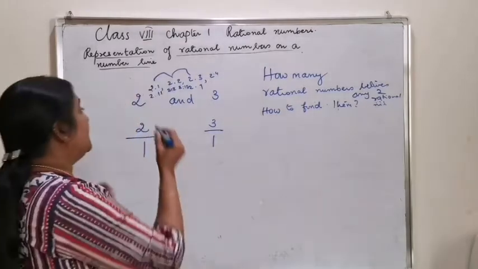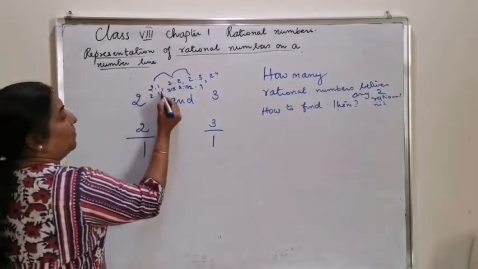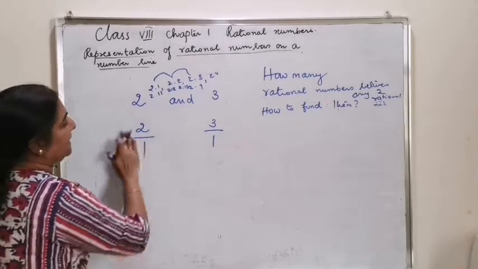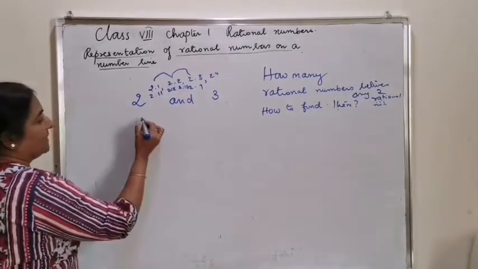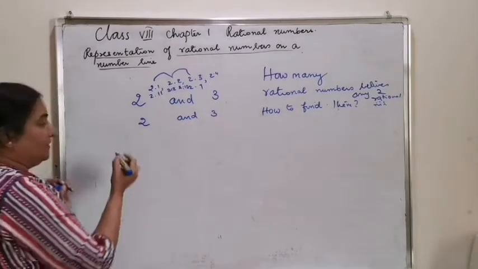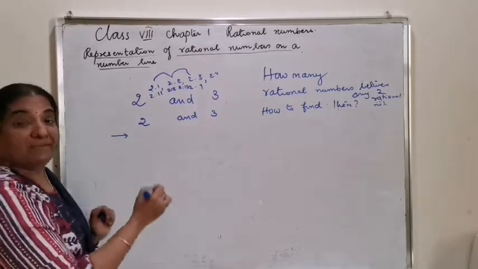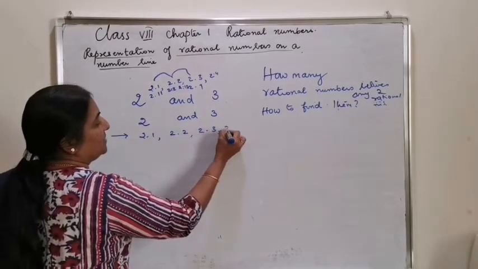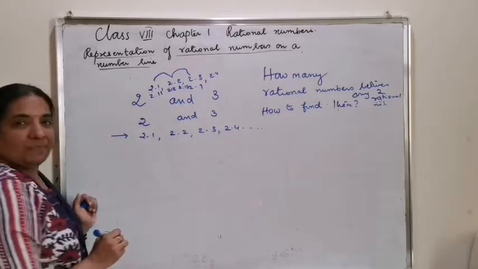In the same way, between 2.11 and 2.12, let me write in detail once again. Between 2 and 3, the first simple division can be 2.1, 2.2, 2.3, 2.4 and so on.